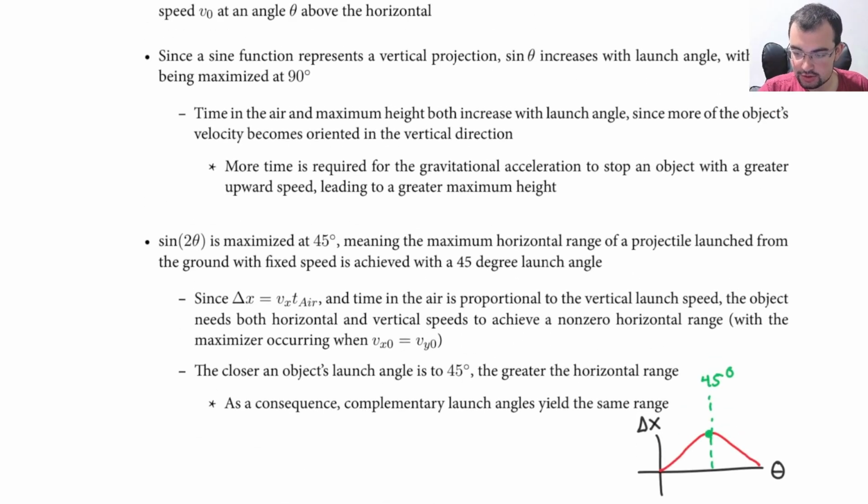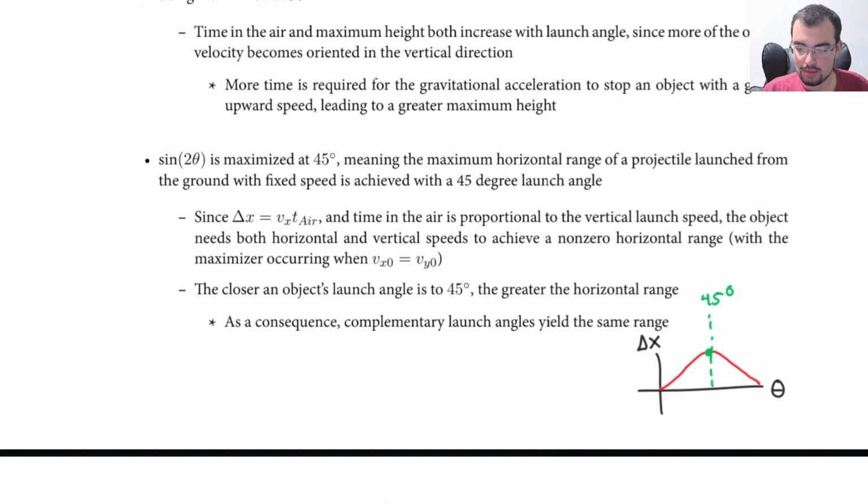So why this works is because the distance delta x is vx times t. So you can't just put all your eggs in the T air basket and get a super long air time, because then you have no velocity left in the x direction. And you can't put all your velocity in the x direction because then you have no time in the air.